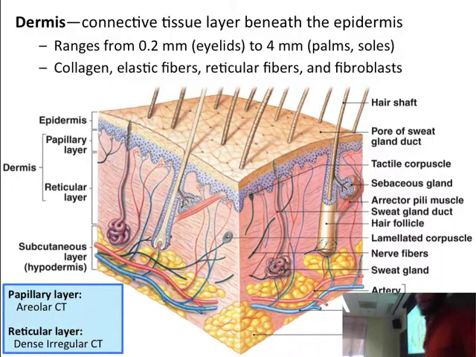All right. Beneath the epidermis is the dermis. This is made up of the papillary layer and the reticular layer. The papillary layer is areolar connective tissue, and the reticular layer is dense, irregular connective tissue.